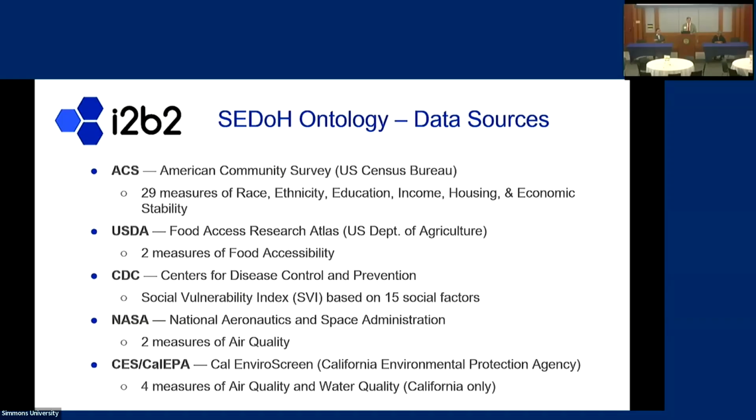The Centers for Disease Control provides something called the Social Vulnerability Index, or SVI, which is based on 15 different socioeconomic measures. NASA provides us with 2 measures of air quality. And we have California air quality measures also from the California Environmental Protection Agency.